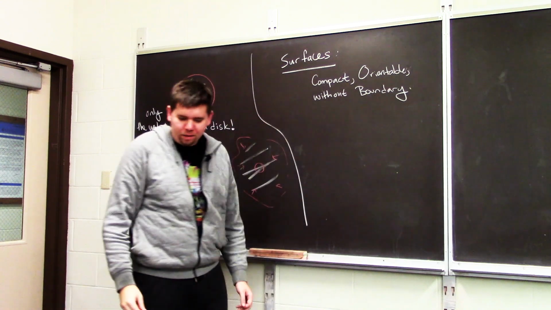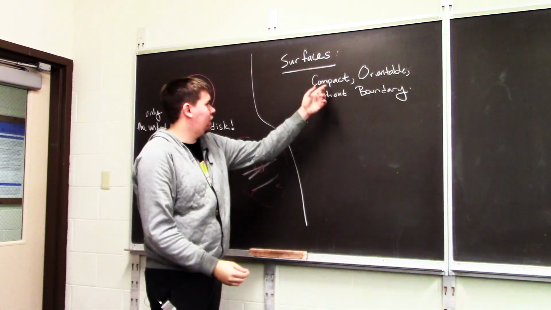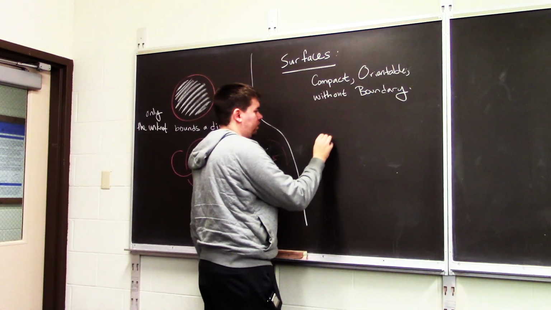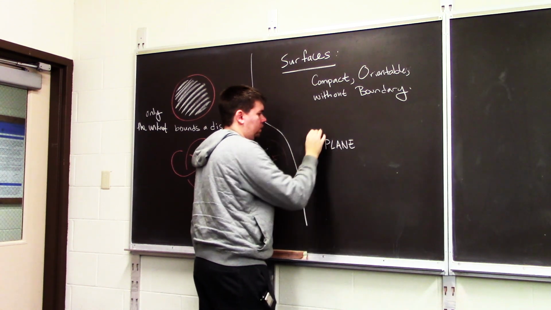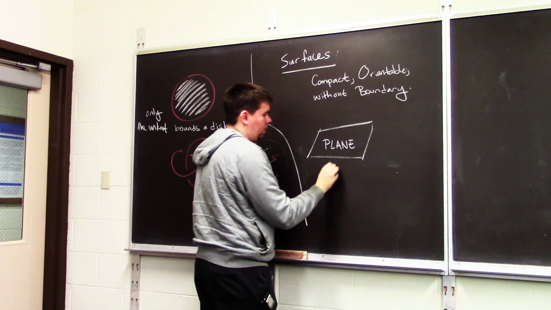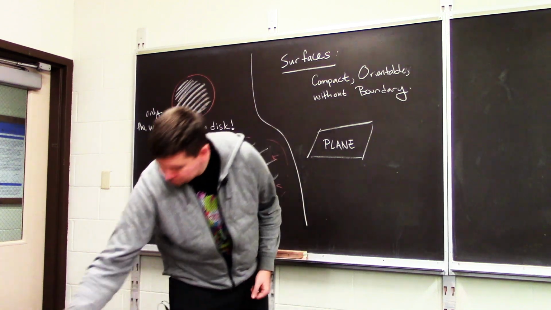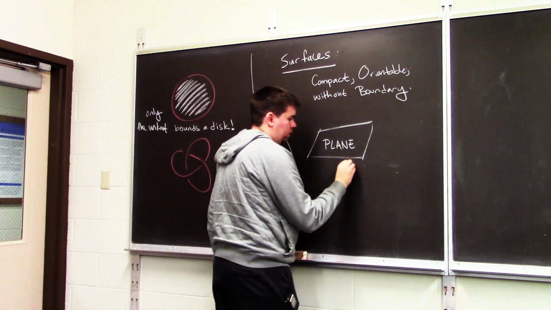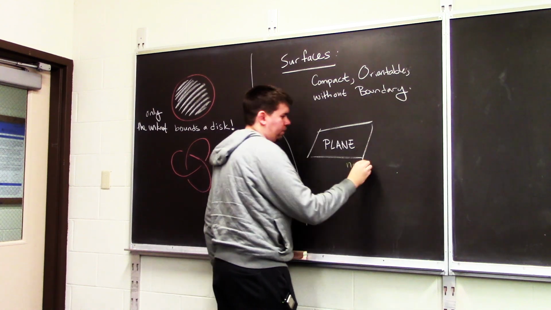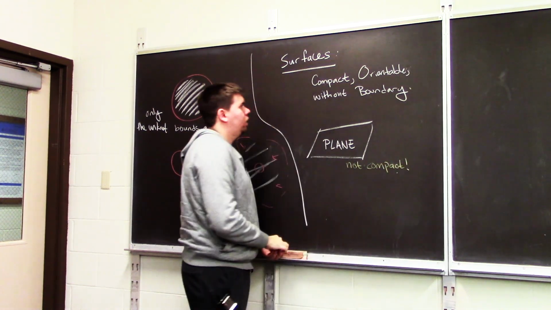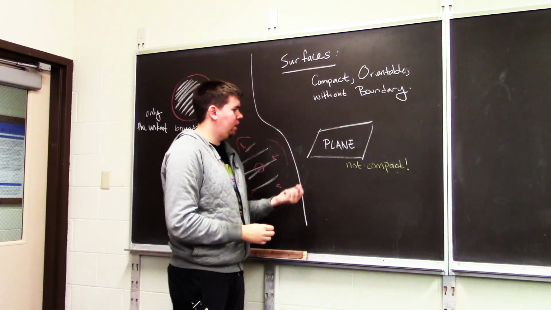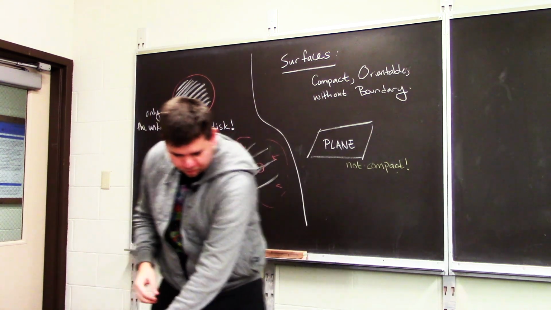So let's do some non-examples. We said compact. So the plane, for instance, is not compact because it goes on forever. Orientable, what would be a non-orientable surface?